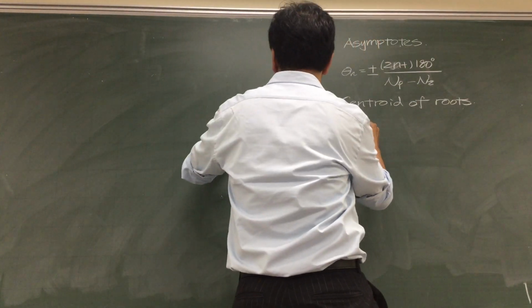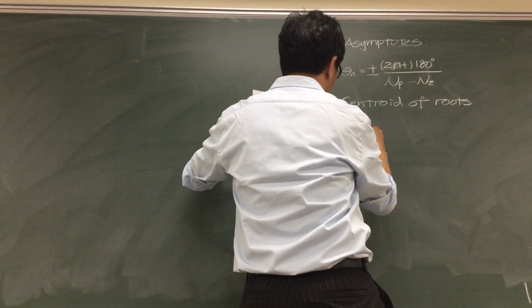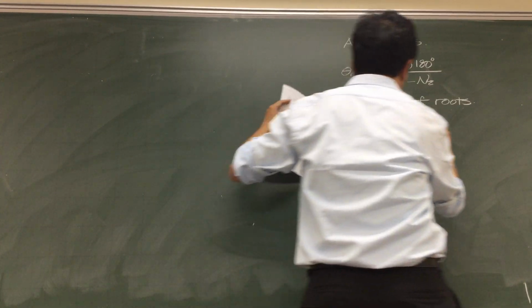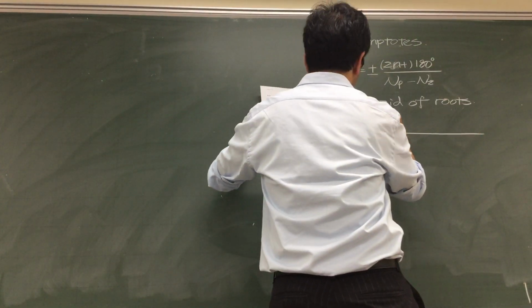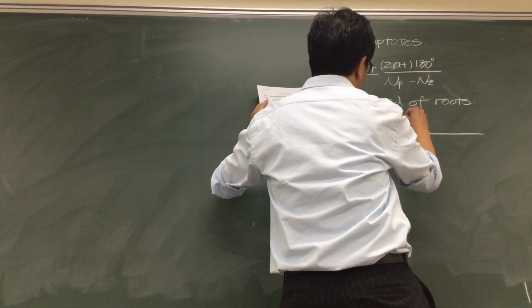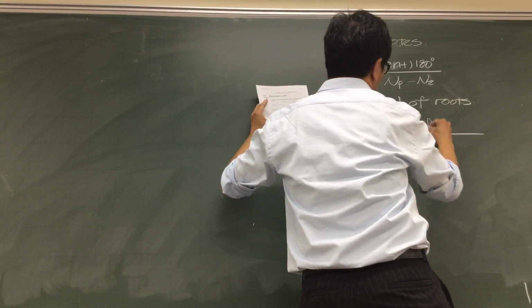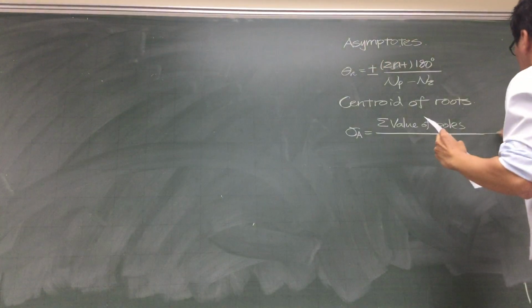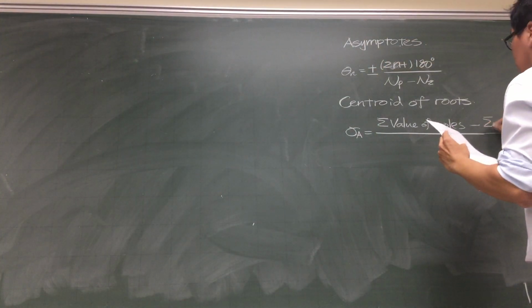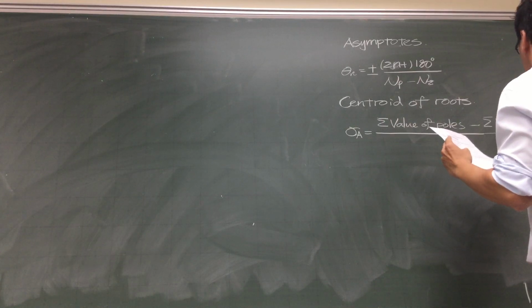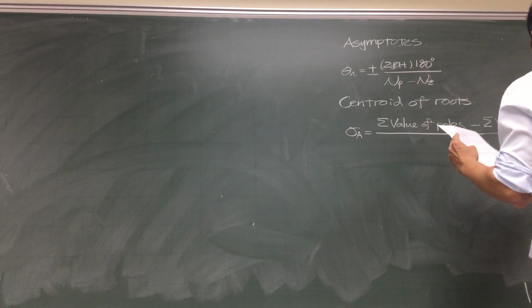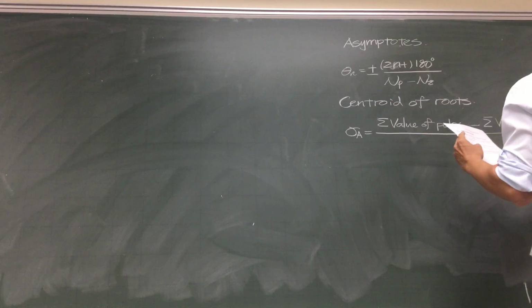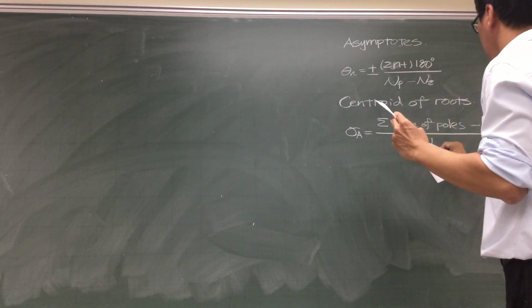That is something we define as OA equals the value of poles minus the value of zeros, divided by NP.